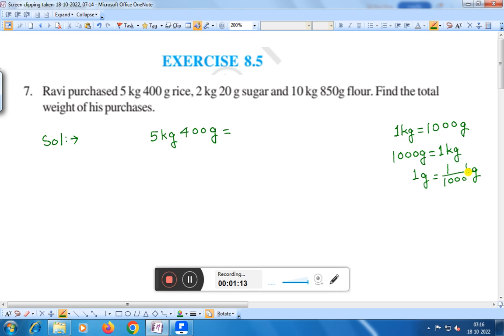That is, to convert gram to kg, you have to divide that by 1000, right?